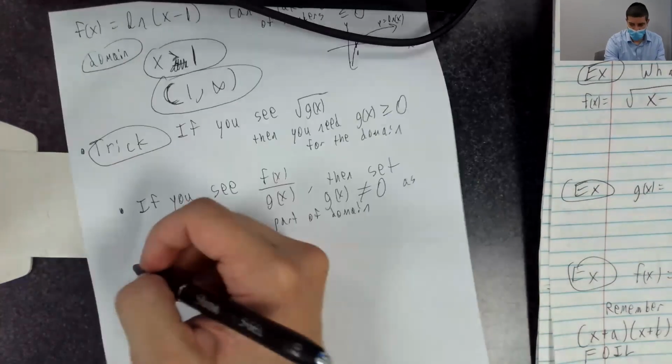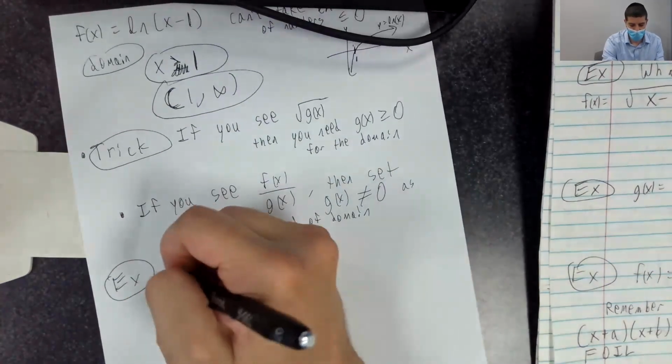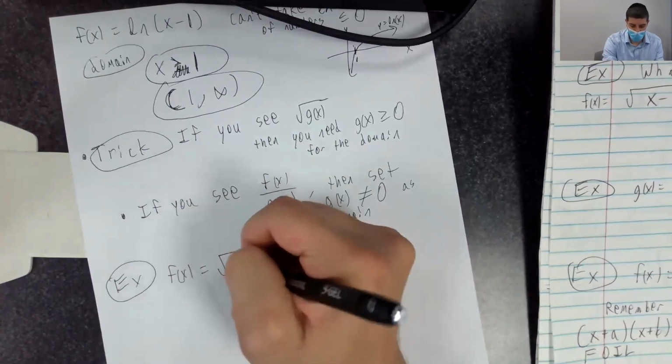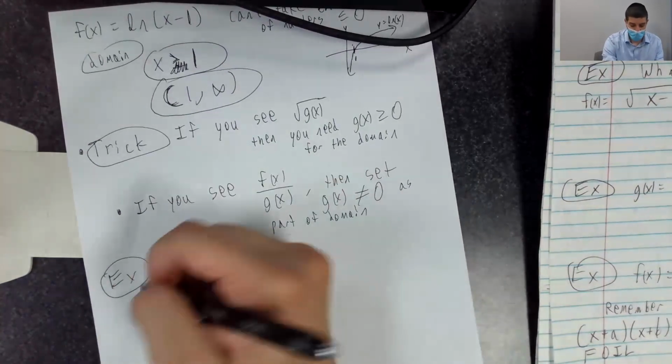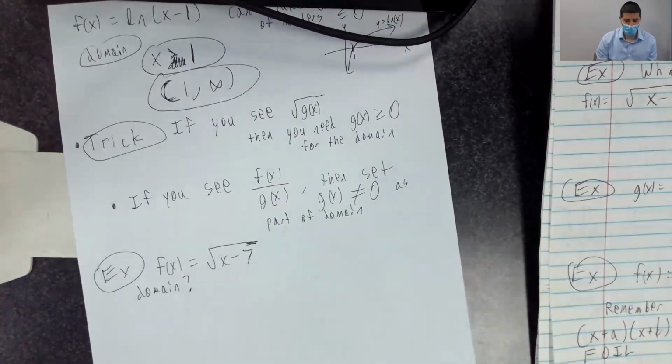Okay. So as an example, f of x is equal to radical x minus 7. Right, and now we need to know the domain. So use this trick. You see something in the radical, so you guys try it first. Use this trick.